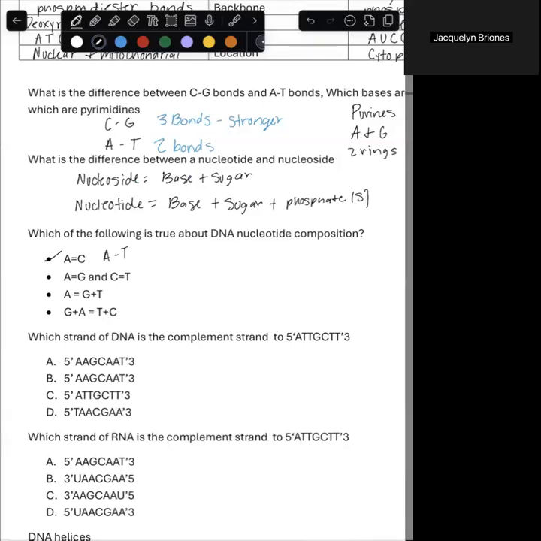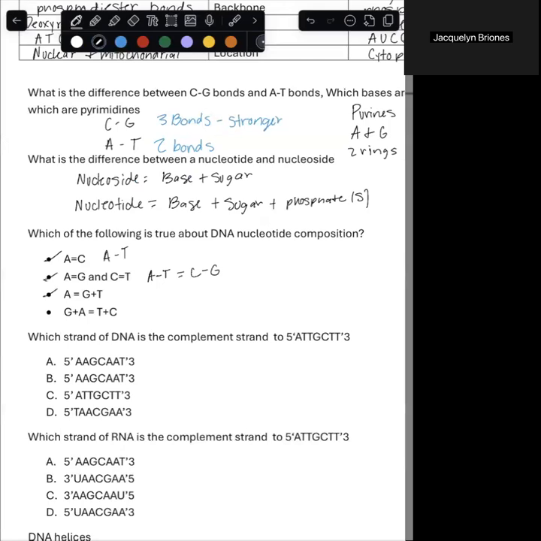A equals G and C equals T. That's wrong because, as we said before, A equals T and C is bonded to G. That one's wrong. A equals G plus T. That's completely wrong.